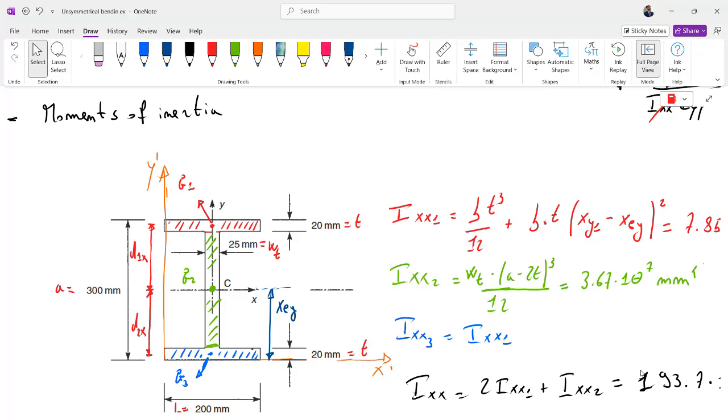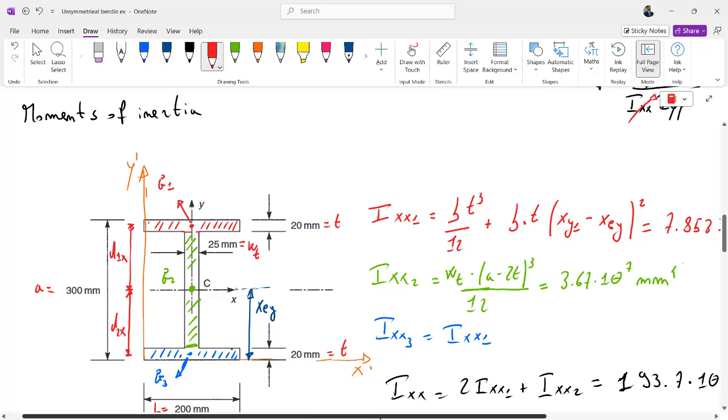It's not complicated for this section to calculate all this stuff. So d1x is the distance from the centroid G1 to the centroid of the whole E-beam, and d2x is the distance from G3 to the centroid of the whole beam.